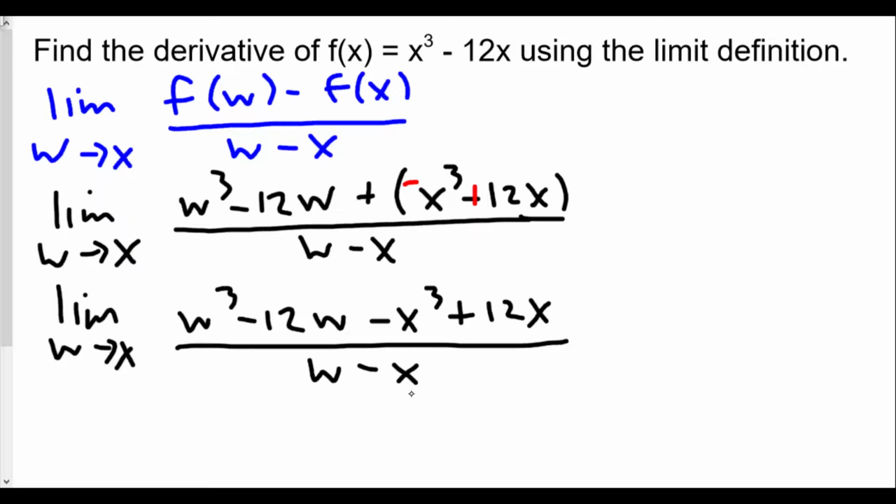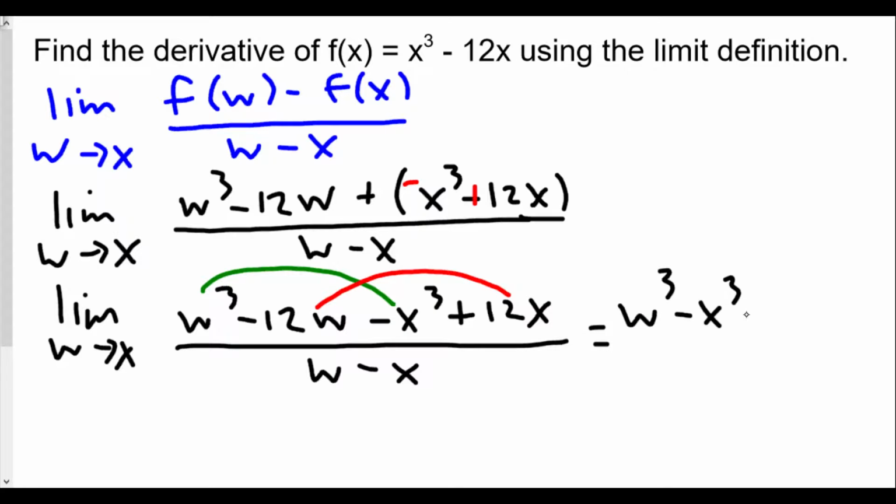We're going to group together these two terms and these two terms. So our expression is going to look like this: w cubed minus x cubed, and I'm going to rewrite this as plus 12x minus 12w, all over w minus x.